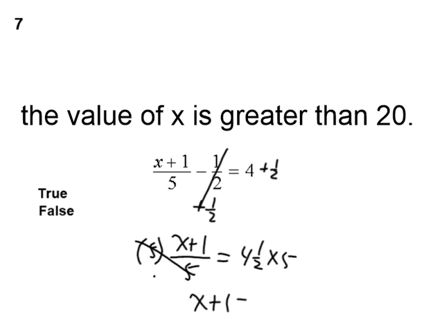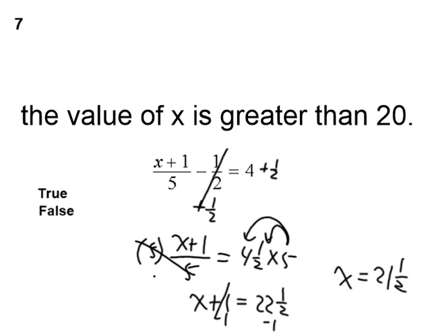X plus 1 is going to equal, if I use the distributive property and multiply by 5, 5 times 4 is 20. 5 times a half is 2.5, so 22.5. Subtract 1, x will be equal to 21.5. Is that greater than 20? Yes, it is. So your final answer to this question is true.